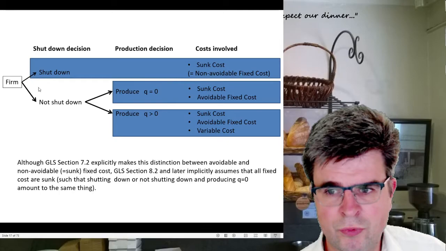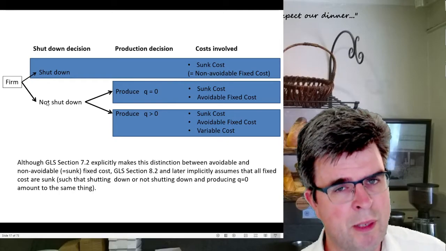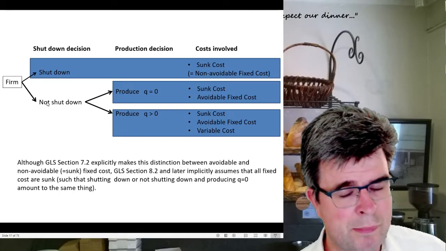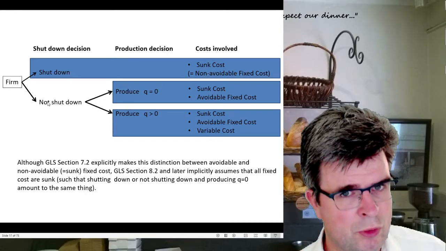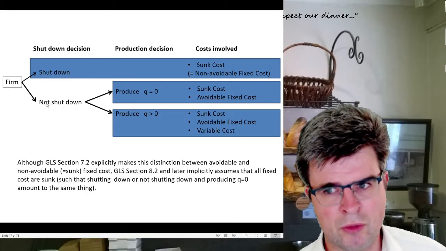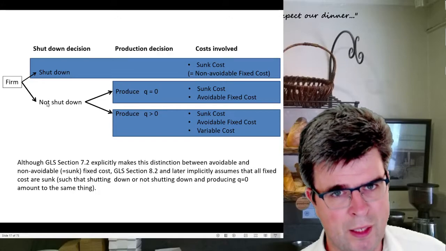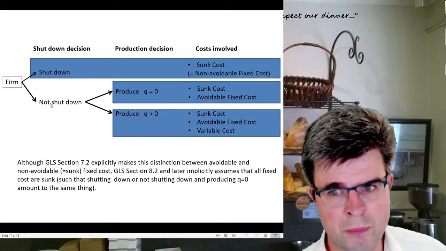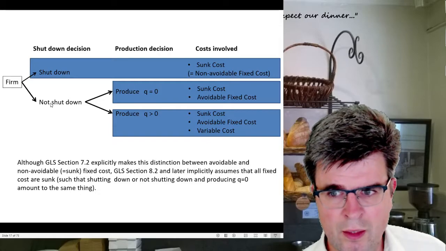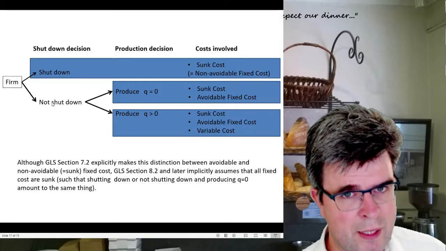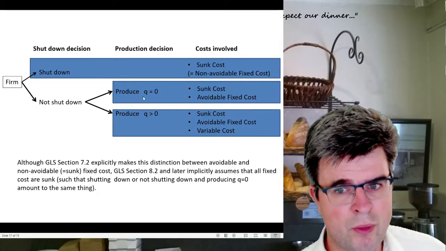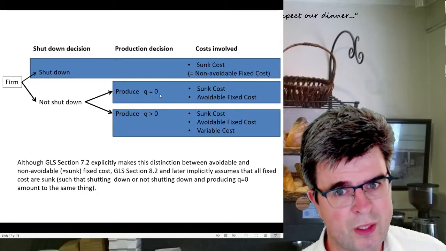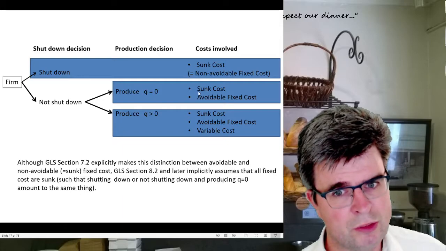Now suppose that the firm decides, I remain in the market. So you have a pub, the pandemic struck, but you decided, I'm not going to shut down my pub. I just remain here, such that I can relaunch once the pandemic is over. Now, once you've decided to remain active in the market, even though you produce zero, you still need to pay some cost.